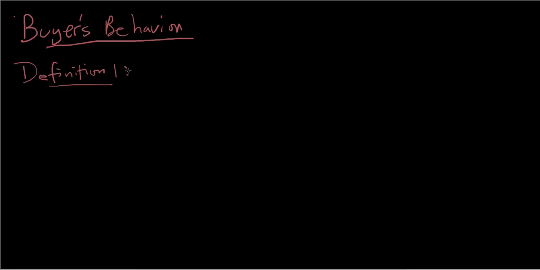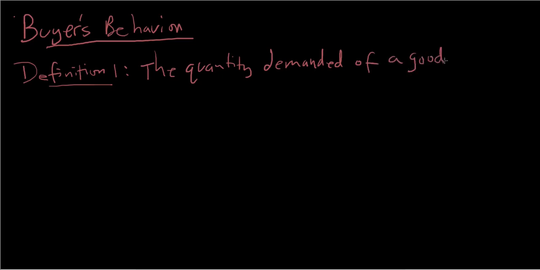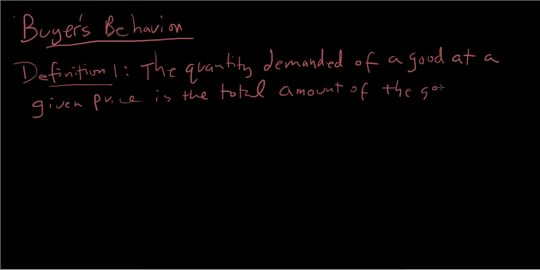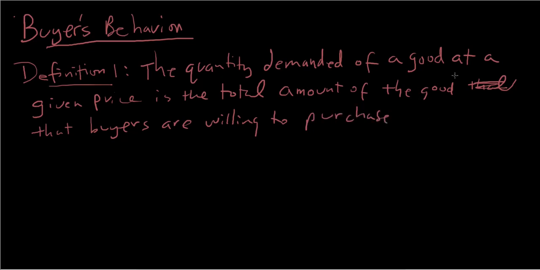Definition 1. We're going to define the quantity demanded of a product, of a good, at a given price, is the total amount of the good that buyers are willing to purchase at that given price.